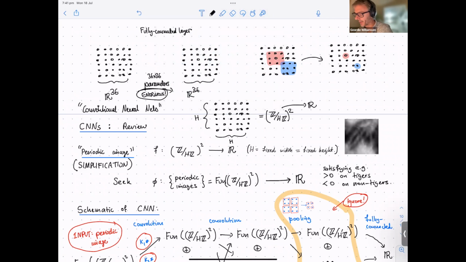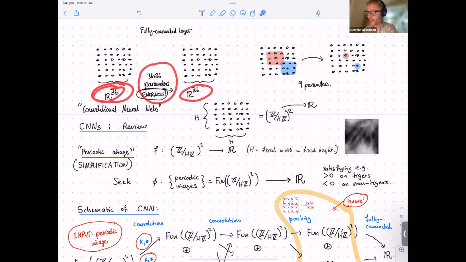And so here you would only have something like 9 parameters. So you see that the number of parameters changes as my image gets larger.